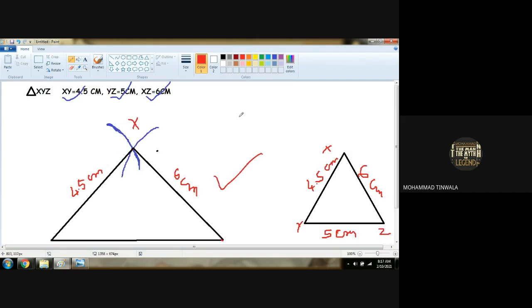Have you all understood how we constructed? Yes, sir. It is very easy. It is very, very easy for this triangle as compared to parallel lines.